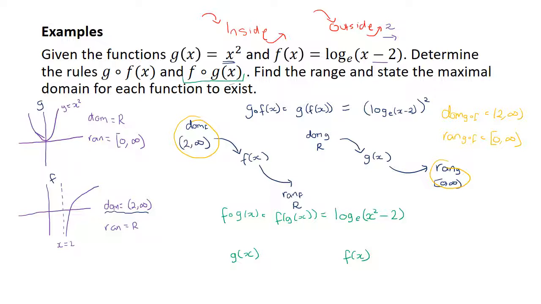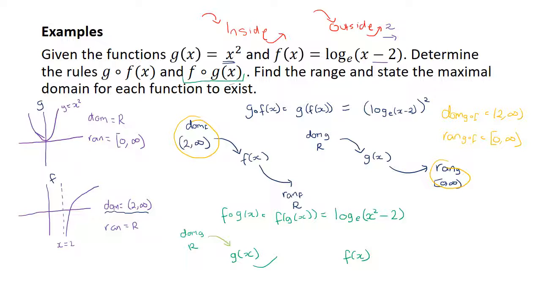So back to this specific one here. What possible values of x can we substitute in here into g of x? So our allowable possibilities is the domain of g, and the domain of g is the reals.